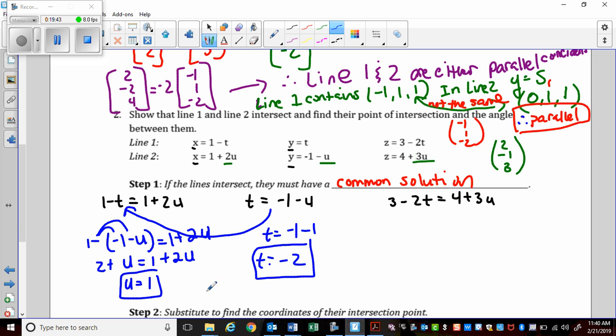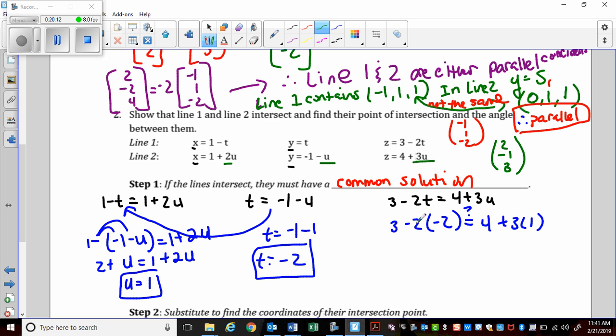And we're going to combine these and see if it works in our third equation. So this one, we have a point 3 minus 2 times t, which is -2. Does this equal the right hand side, which is 4 plus 3 times u, which is 1? We cannot shift anything over. We're just trying to find out if they're equal.